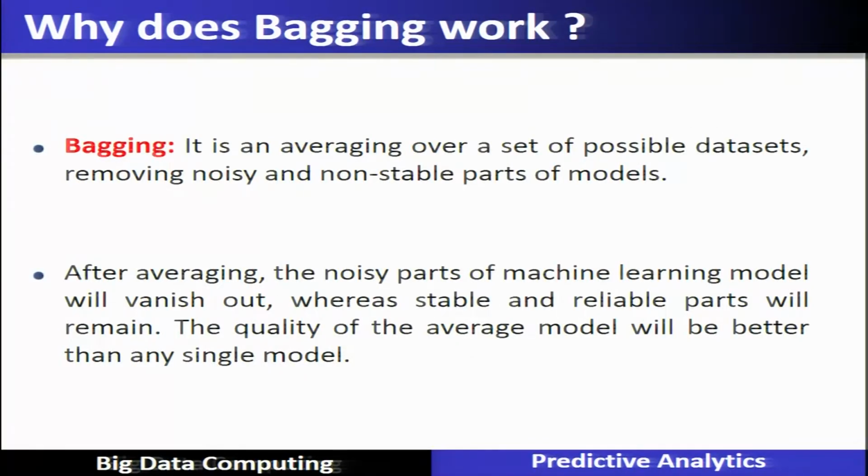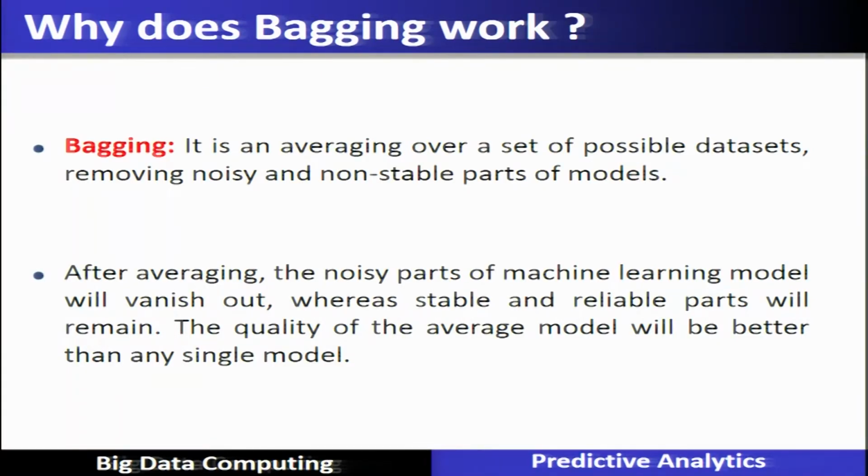Bagging is an averaging over the set of possible data sets, and removing the noisy and non-stable parts of the models is achieved using bagging. After averaging, the noisy part of the machine learning model will vanish, whereby the stable and reliable part will remain. So the quality of the average model will be much better than a single model.